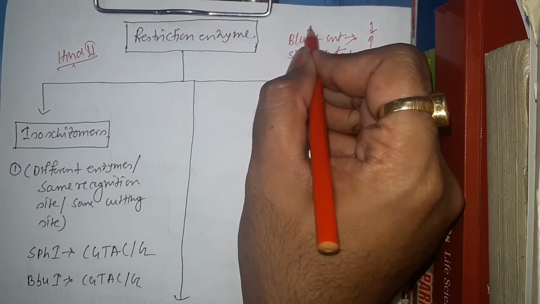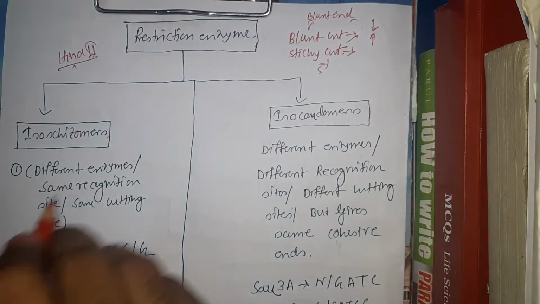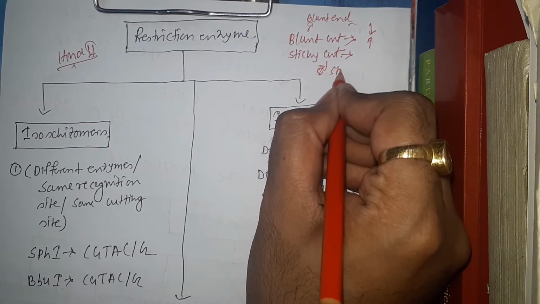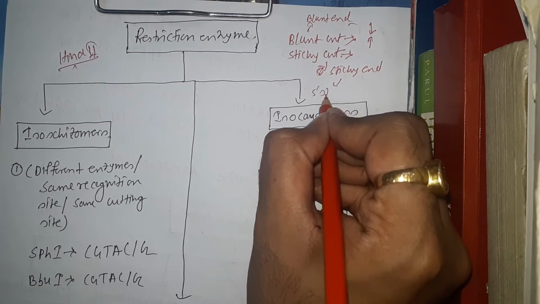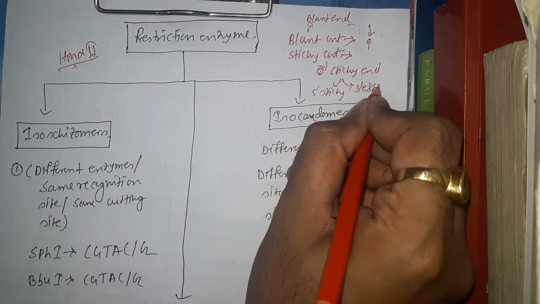Blunt cut gives us blunt ends, I have told you in my previous video, and sticky cut gives you sticky ends, and this sticky end can be of two types. One is 5 prime sticky end, another one is 3 prime sticky end.